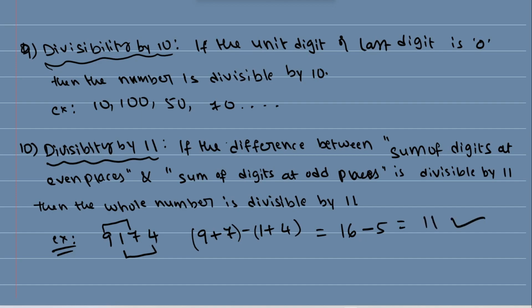It is divisible by 11. If it's coming 0, then also it will be divisible by 11.